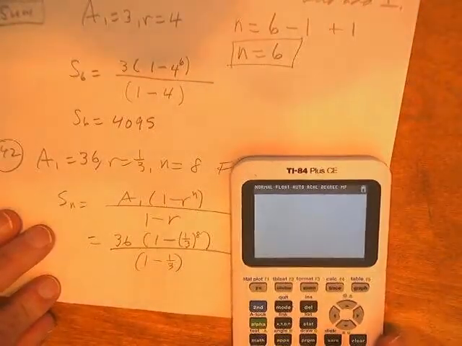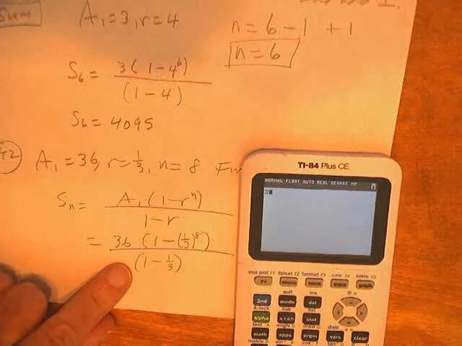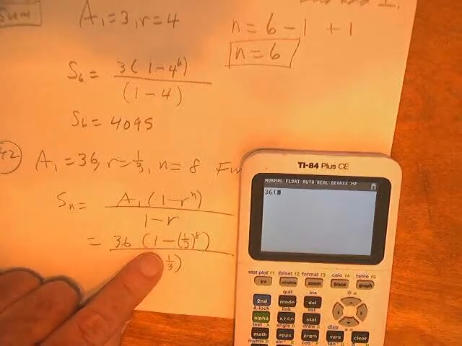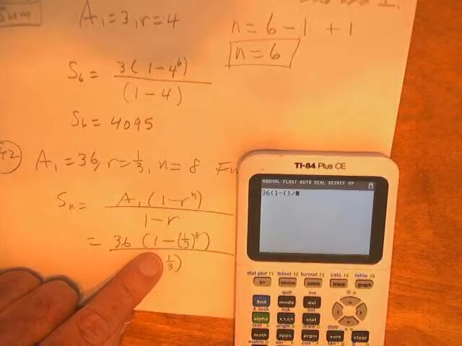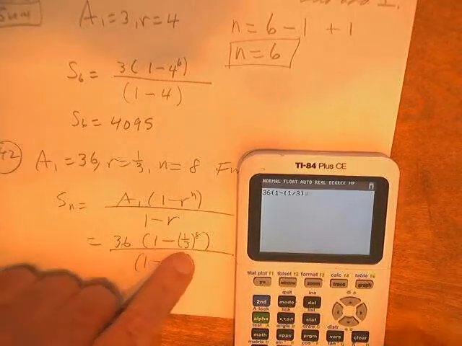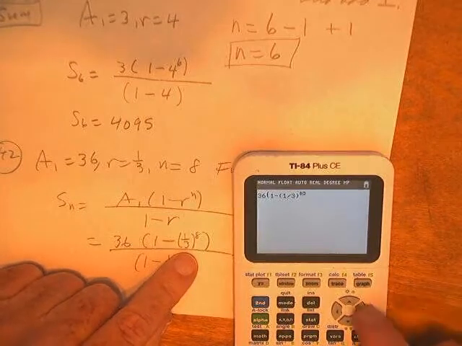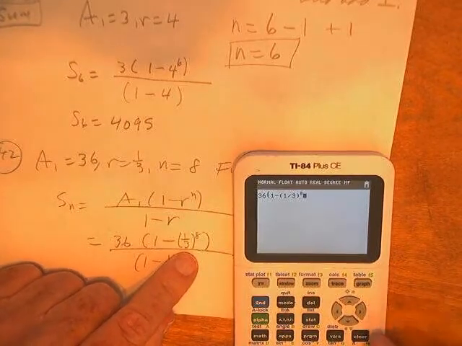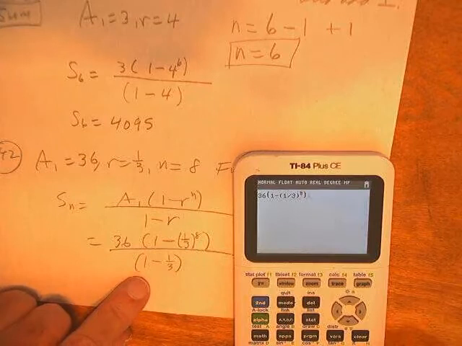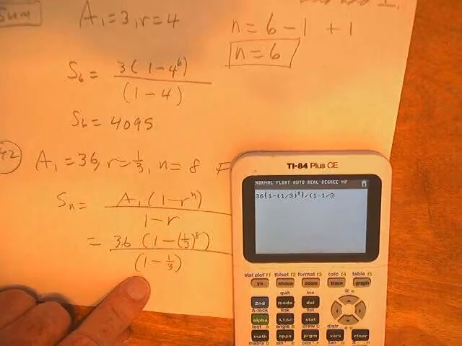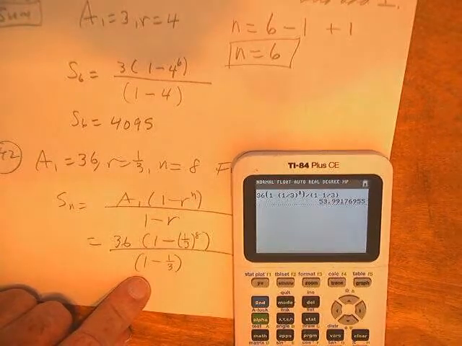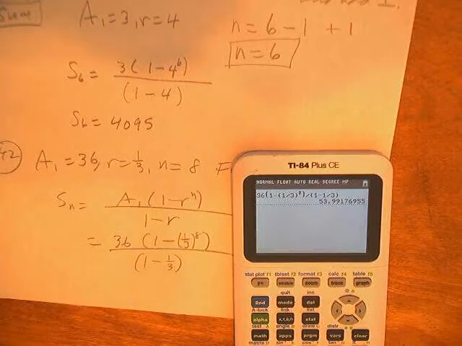Okay, let's calculate it. How about 36, parentheses open, 1 minus, I'm going to put this 1/3 in parentheses so I can't goof it up. Ooh, that's a crazy answer right there.